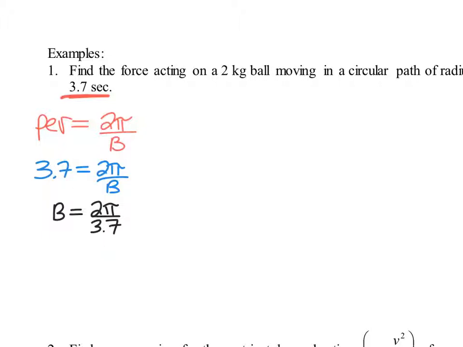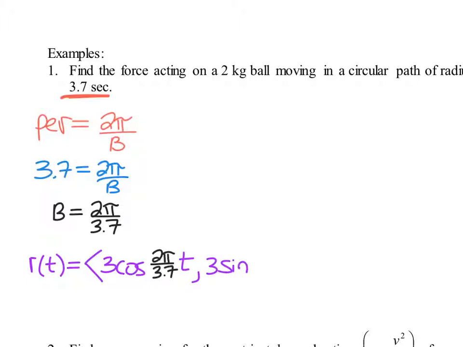All right. So my r of t has an a value, because they said the radius is 3, has an a value of 3, cosine, this is the new piece of information, 2 pi over 3.7 t, comma, 3 times the sine of 2 pi over 3.7 t.